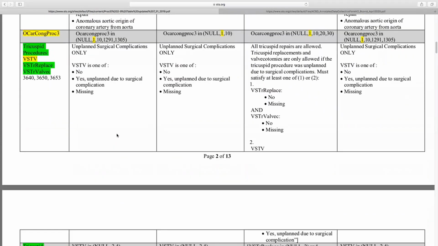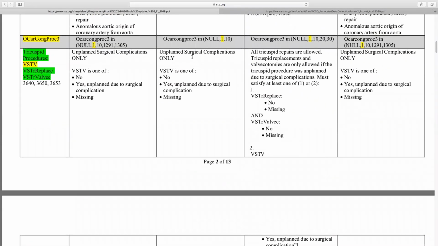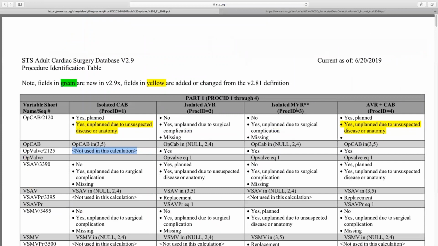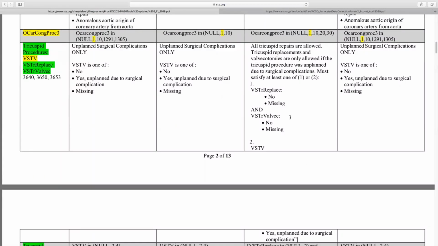And then there's a couple of things here that are kind of new. The second column is ProcID 2, which is aortic valves. And the fourth column is ProcID 3, which is mitral valve repairs and replacements. So we're going to look at this third column here with mitral valve replacements.